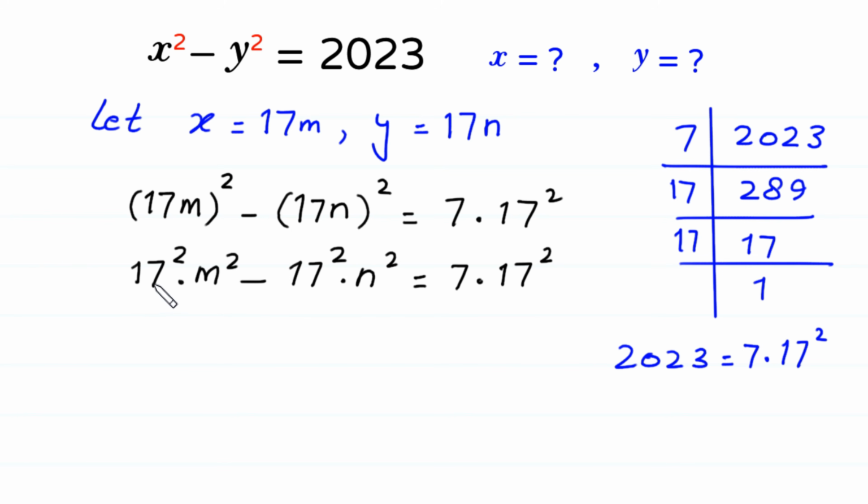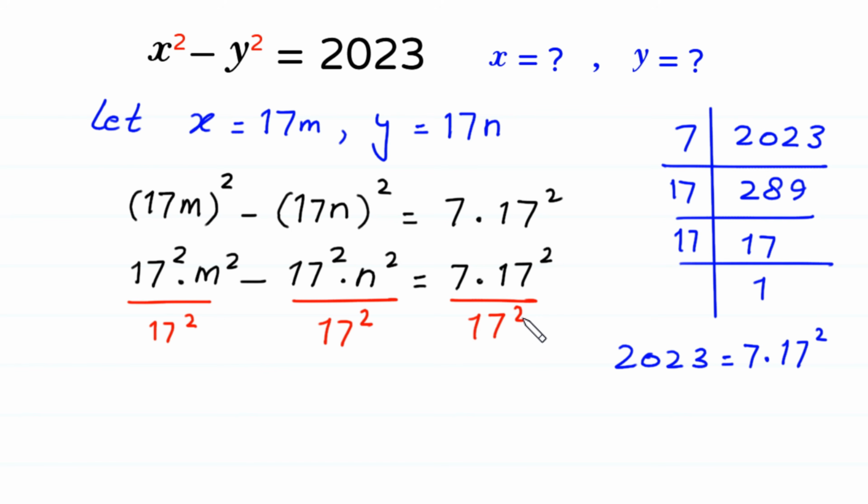Now here we have 17 square, here we have 17 square, and here we have 17 square. So we divide both sides by 17 square. We divide each term by 17 square. First term divided by 17 square, second term divided by 17 square, and the third term divided by 17 square.